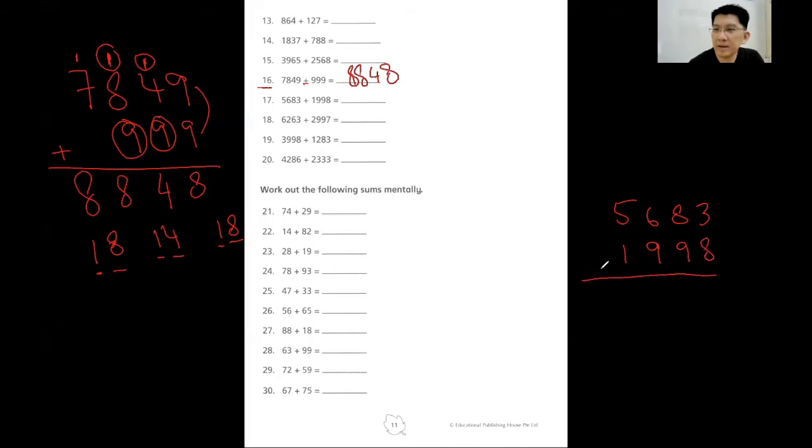Draw a line, and that's a plus operation. Remember, this is a plus operation here. Okay, now let's start the calculation on the right hand side. So 3 plus 8, 11. The back digit goes to the bottom. The front digit goes to the top.